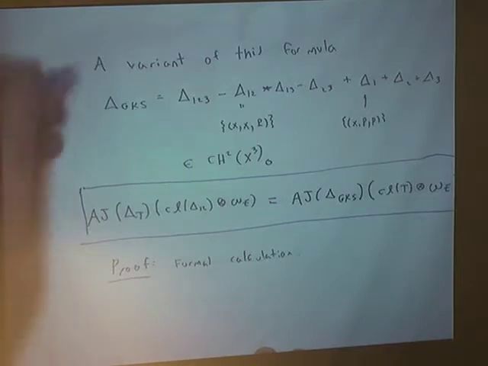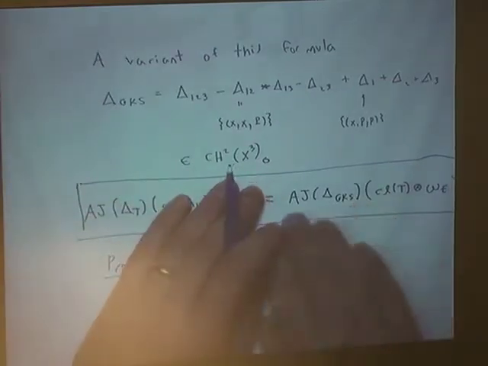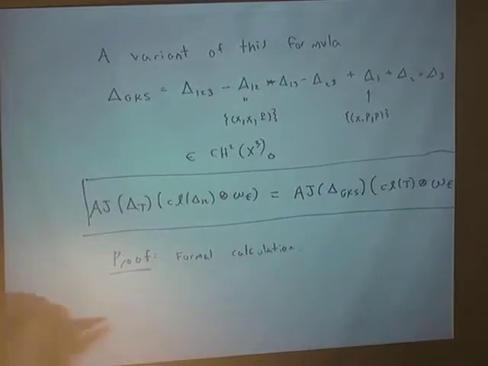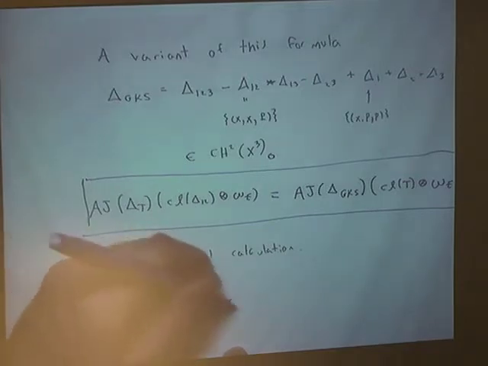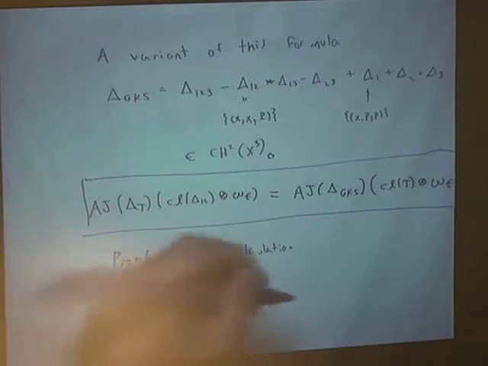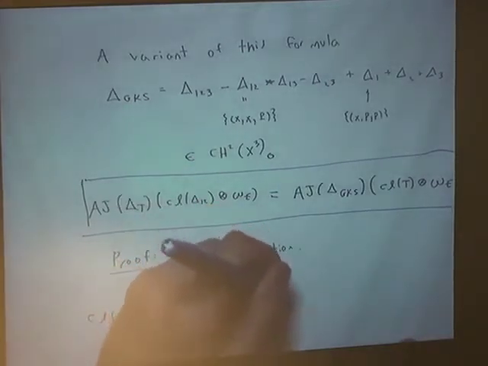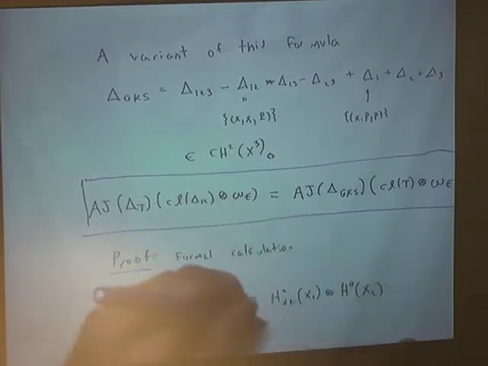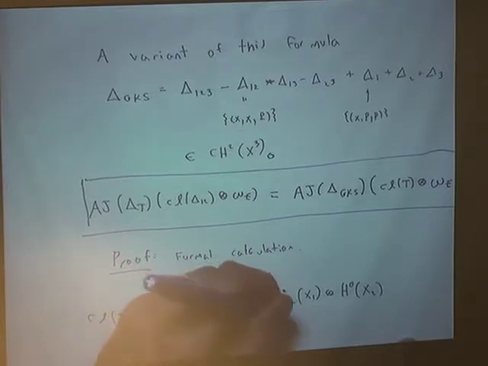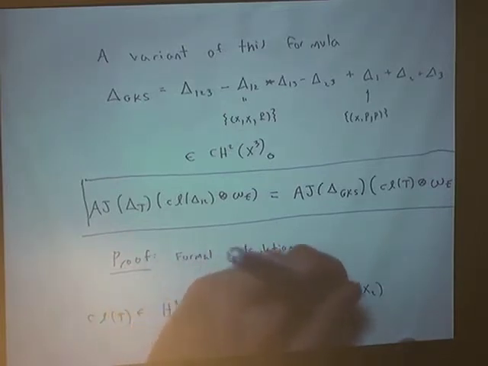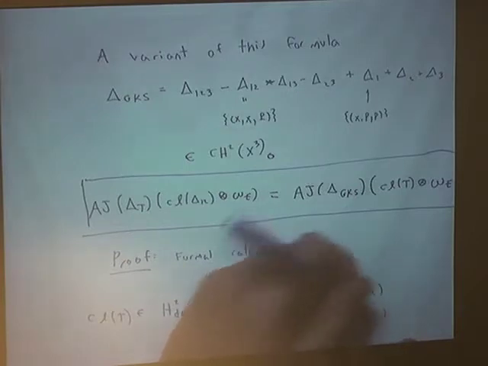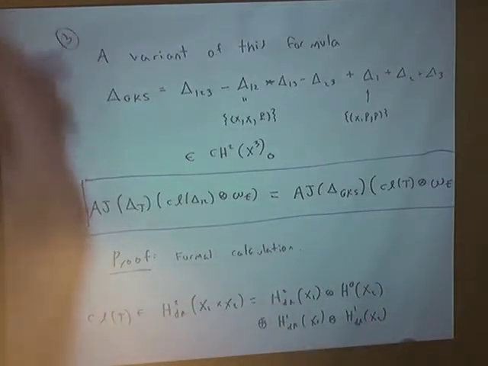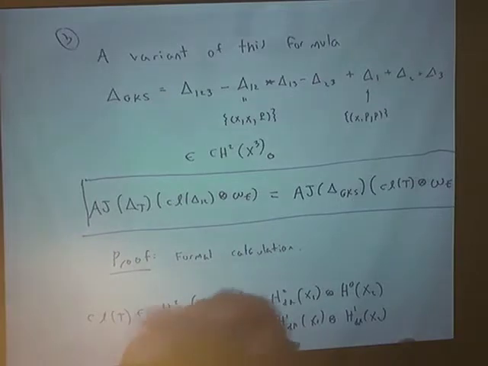Maybe then the third remark I want to make, having now reduced ourselves to computing this, is that the class of T is an element now in H2 de Rham of X1 cross X2, which by Künneth can be decomposed as H2 de Rham of X1 tensor H0 of X2, plus H1 de Rham of X1 tensor H1 de Rham of X2, plus H0 tensor H2.